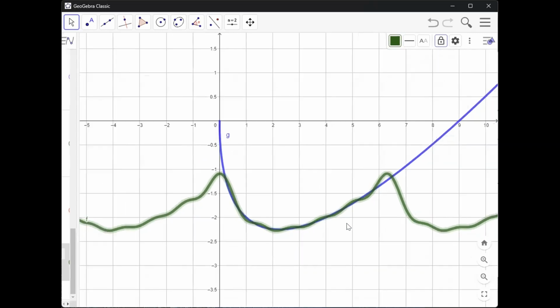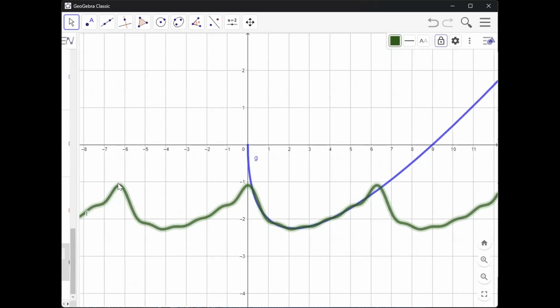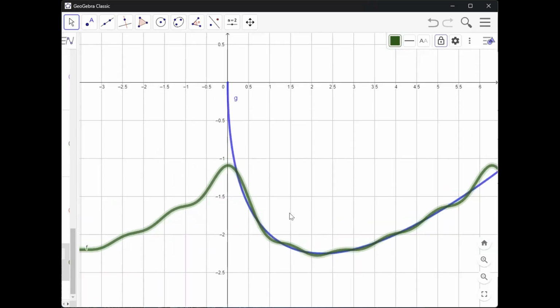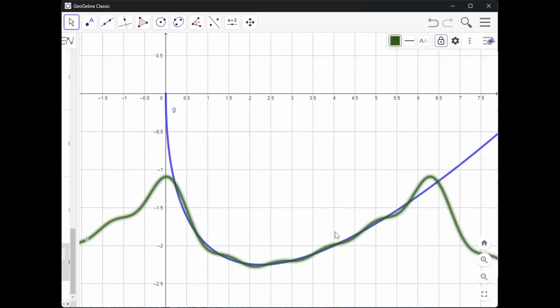You'll also notice that if I zoom out, the representation of g of x is a periodic extension, since our interval is defined for 0 to 2 pi. That's the length of the interval, which is the period of that function. So it does a reasonable approximation.